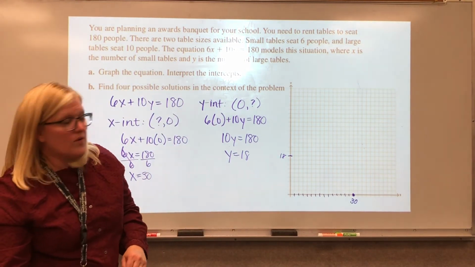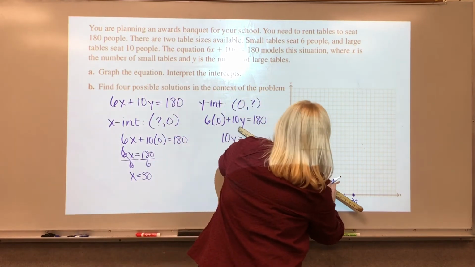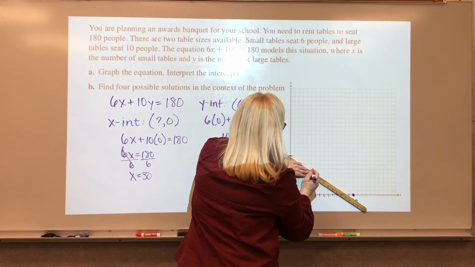Okay, so graph the equation and interpret the intercepts.